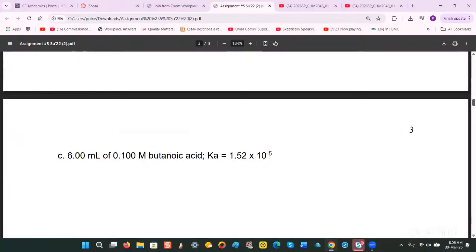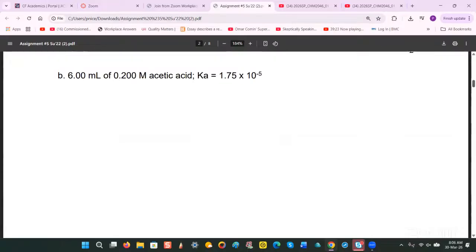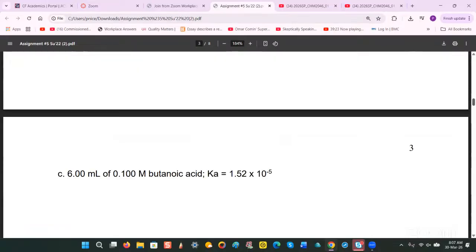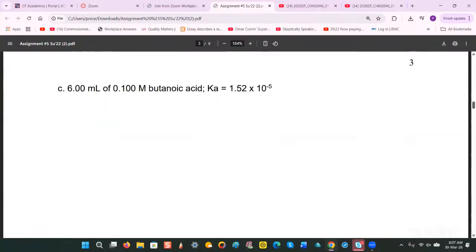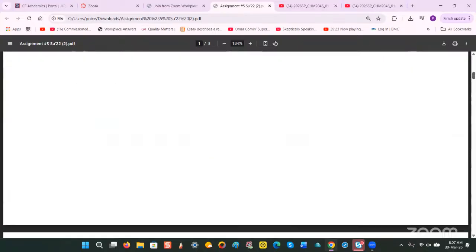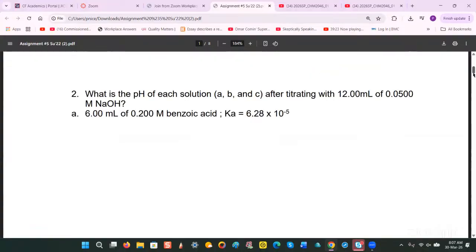Let me look at the C part. Now, C part is a bit different because not only is the acid different, but the molarity of the acid is different. So I'm going to start off with the C part. Now, according to the question in the beginning, you're starting off with 12.00 mils of 0.0500 M sodium hydroxide.